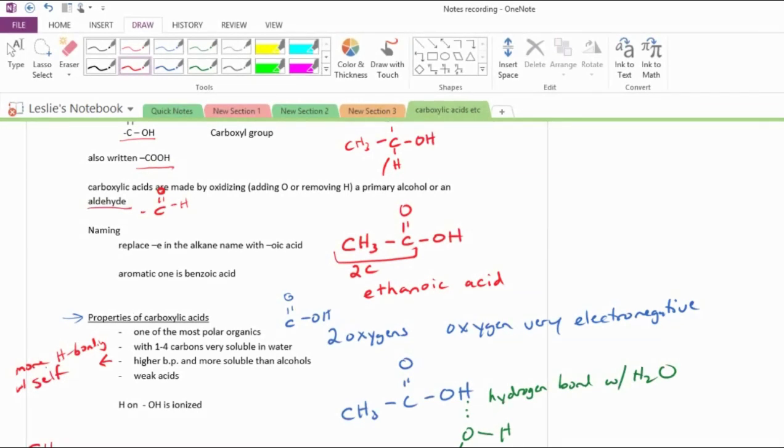So if we stick with our ethanoic acid and we write the ionization of it, it's the hydrogen that was on the OH that separates off.